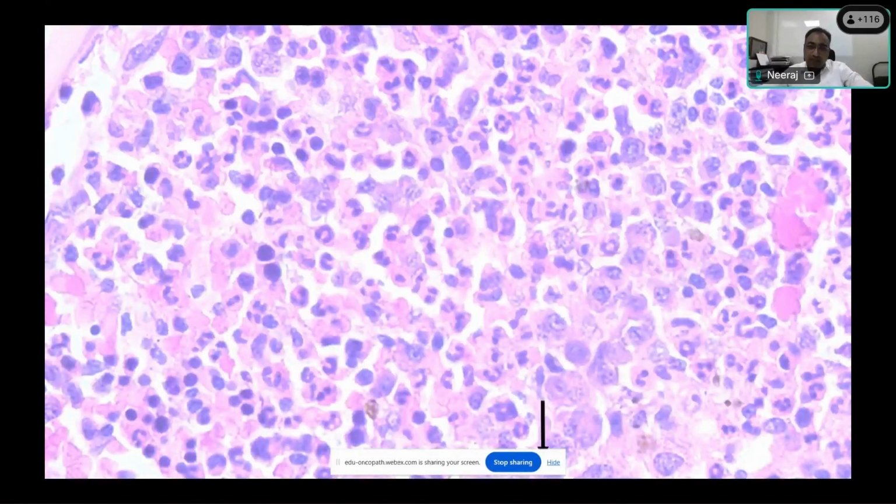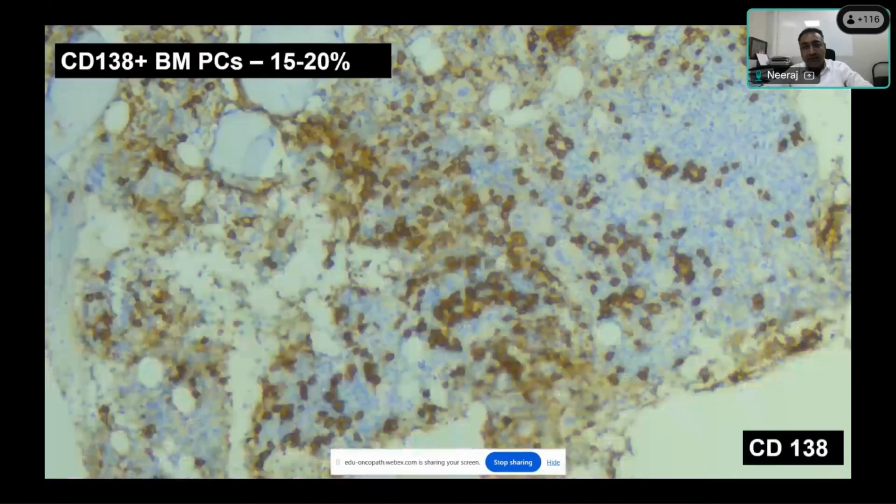So we went back to the biopsy, and this is a high power view showing focal aggregates of plasma cells. As in flow, you have various markers, and this is CD138 on the bone marrow biopsy, showing that around 15 to 20% of the cells were plasma cells.